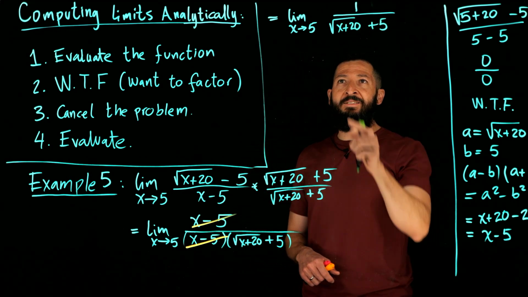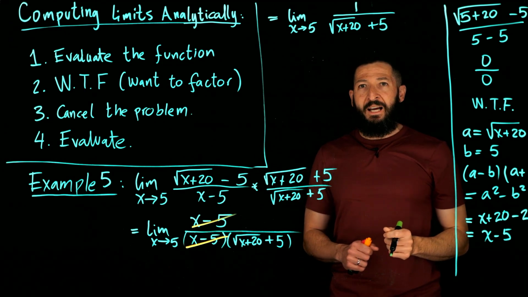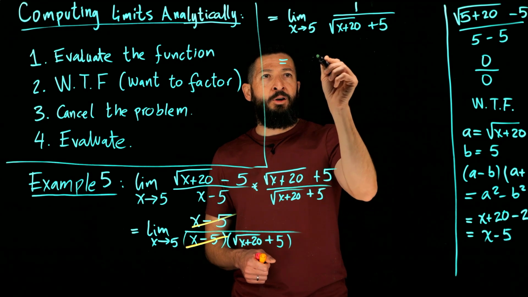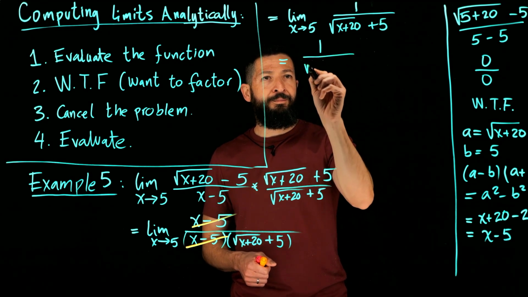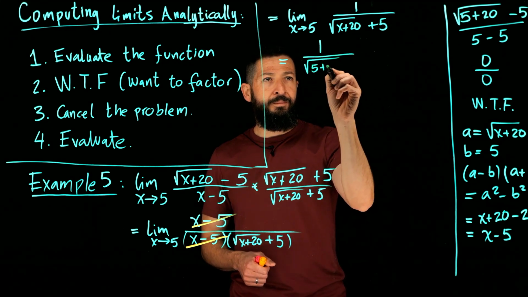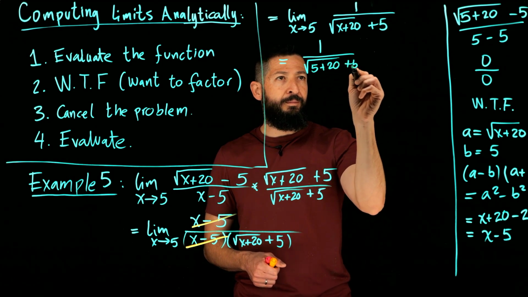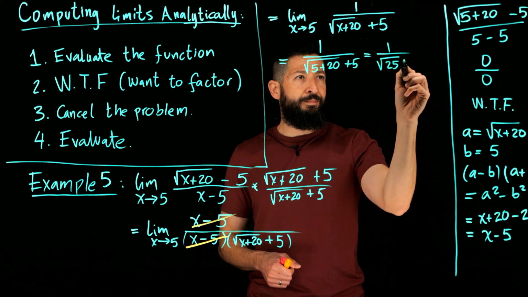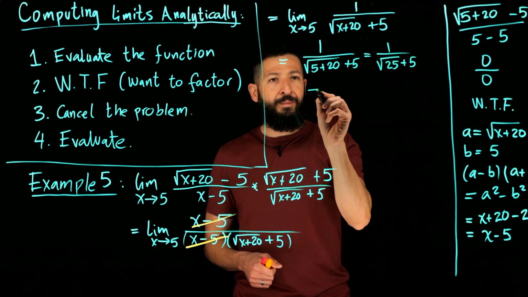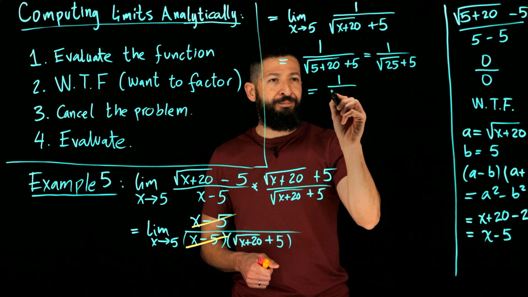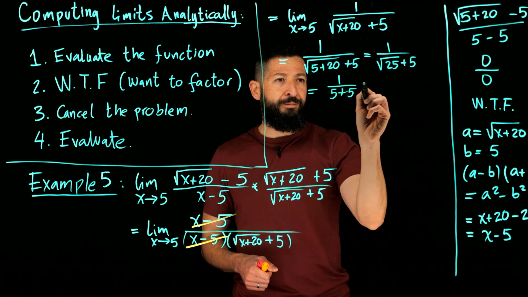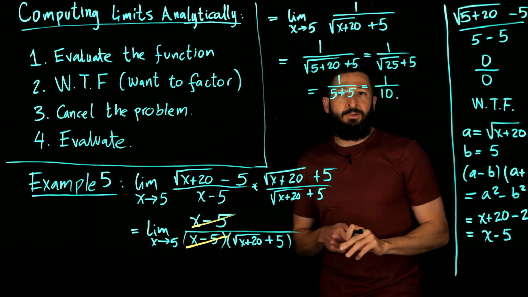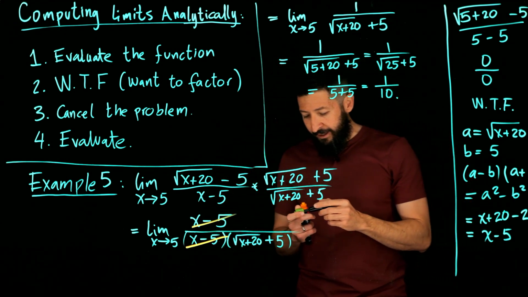Now you can see that if I plug in x equals 5, I get the square root of 25, which is 5, plus 5, no problem there. This is 1/10. And that's how you solve these kinds of problems where you have a radical.